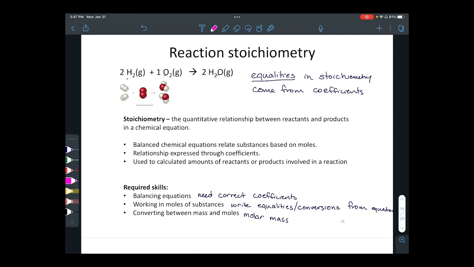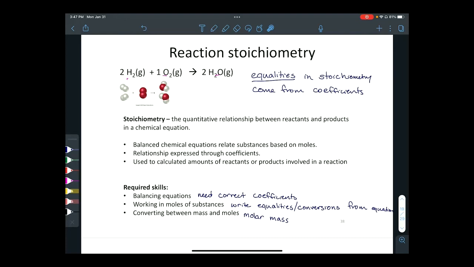These coefficients relate the combination of these substances: 2 moles of hydrogen gas combines with 1 mole of O2 gas to give 2 moles of water. Essentially you're building equalities from these coefficients.